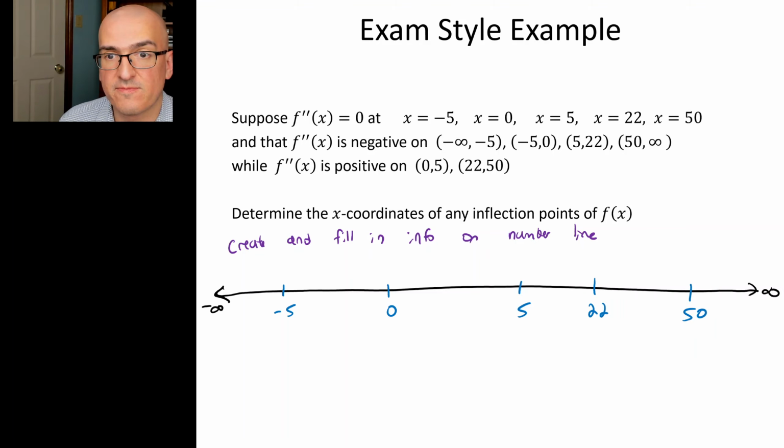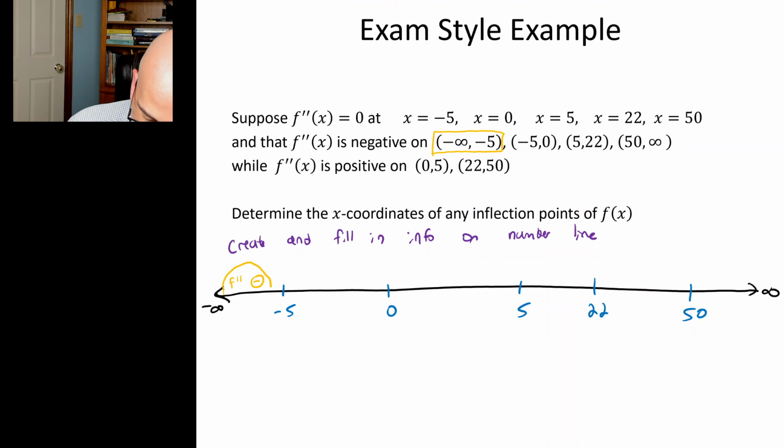Next, I'm going to plug in whether the second derivative is negative or positive in each of those subdomains. So the first one, from -infinity to -5, it is negative. So f double prime negative, that means concave down.